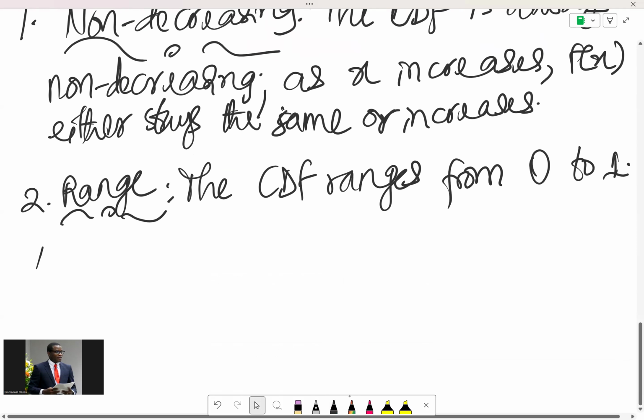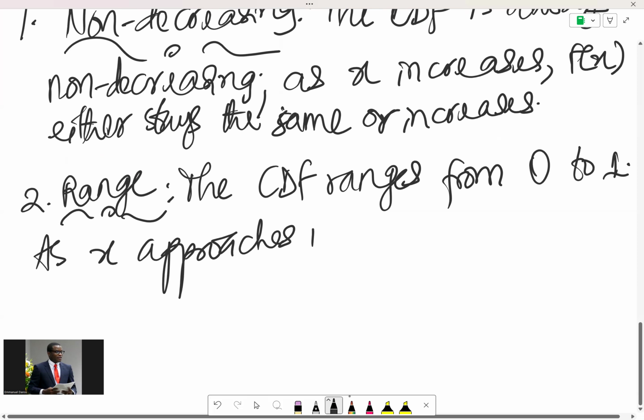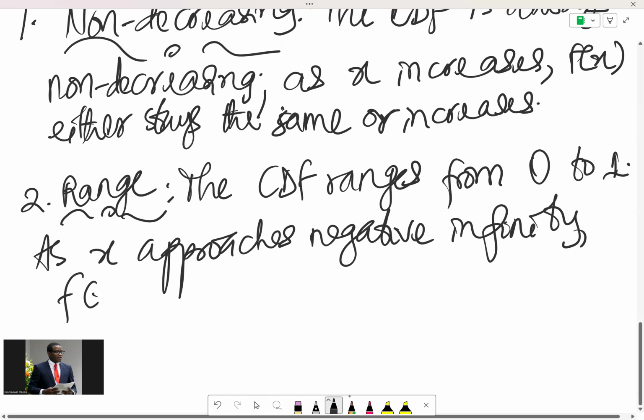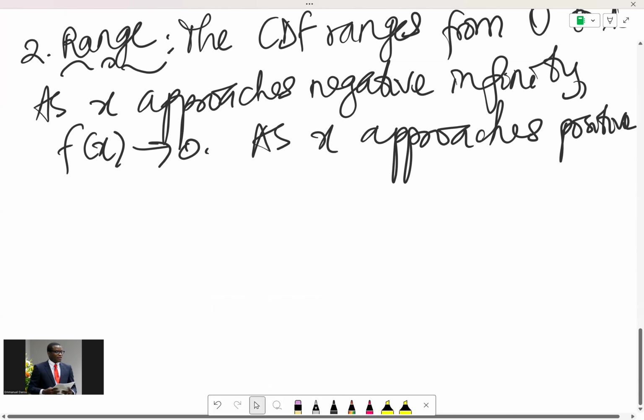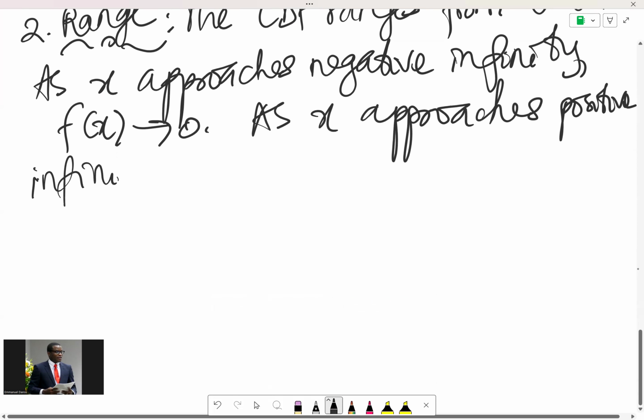So as x approaches negative infinity, F of x approaches 0, and as x approaches positive infinity, F of x approaches 1, like that.